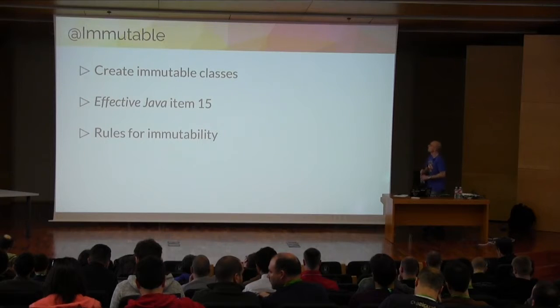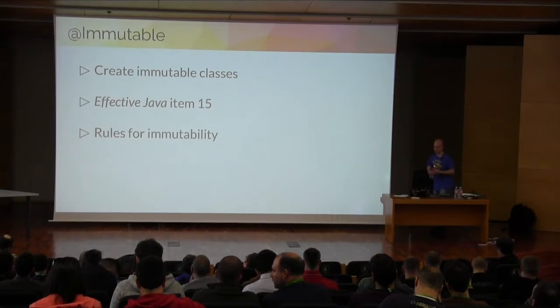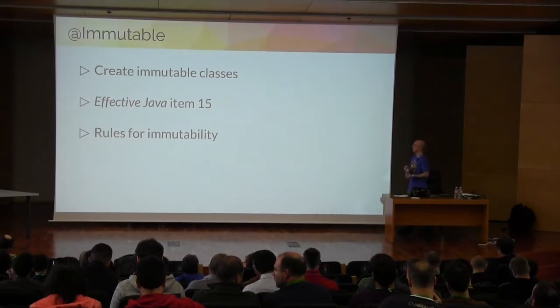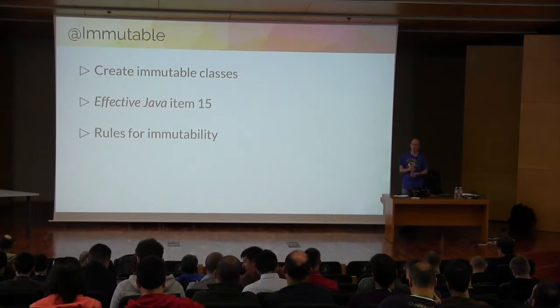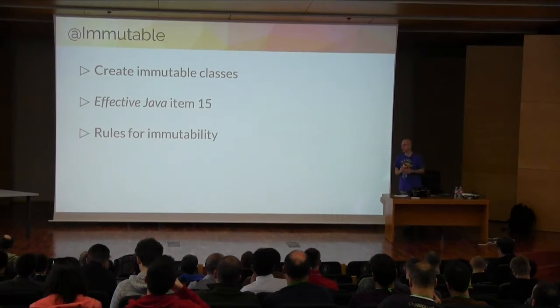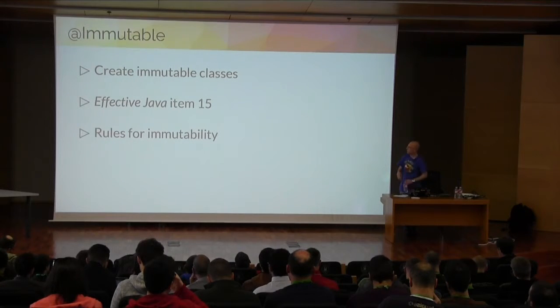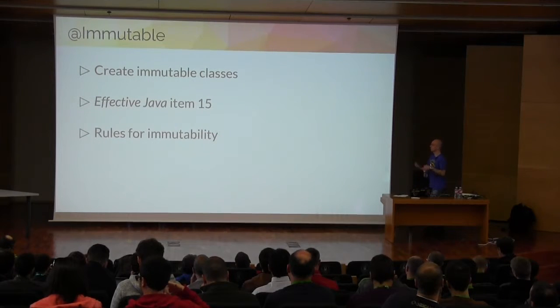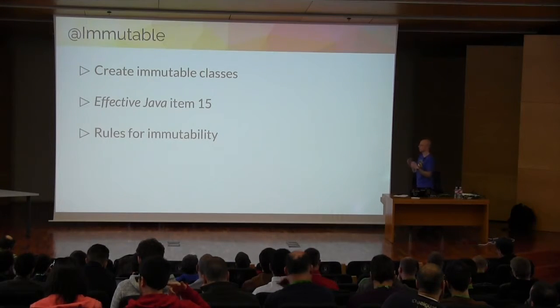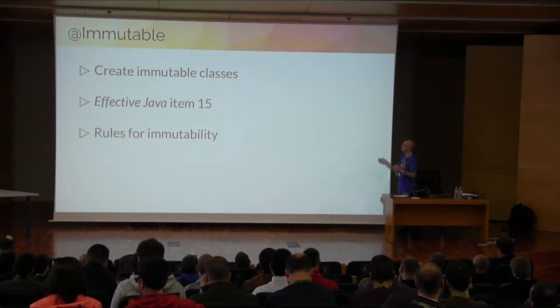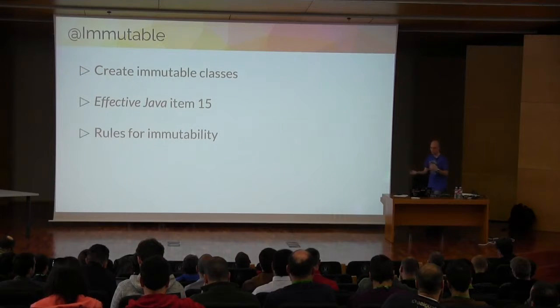Immutable. With this annotation, we can create these immutable classes. Nowadays, with some languages like Clojure, you have this immutability by default. So, if you remember, from Effective Java item 15, creating an immutable class is not always that easy. You have to take care of some rules for immutability, so you don't need to provide mutators to change the state.